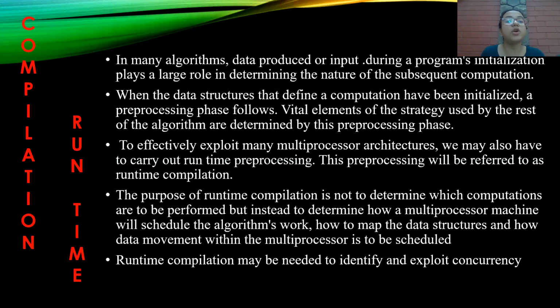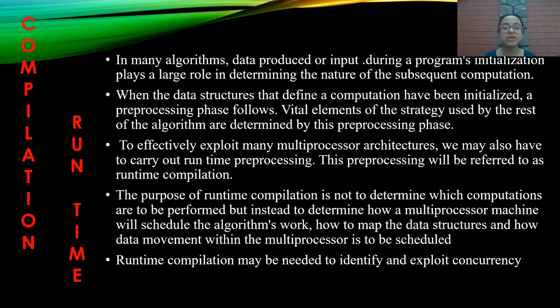The purpose of runtime compilation is not to determine which computations are to be performed, but to determine how a multiprocessor machine will schedule all of this. It does pre-planning. It will schedule an algorithm's work and map all the data structures and how the data is moving within the multiprocessor and how it is being scheduled or pre-planned.